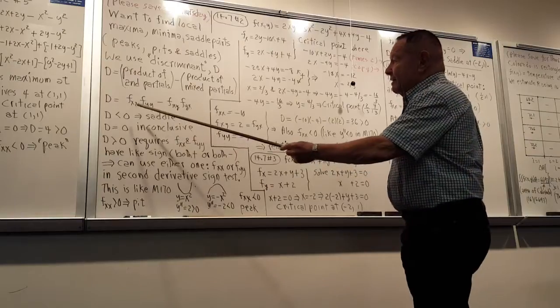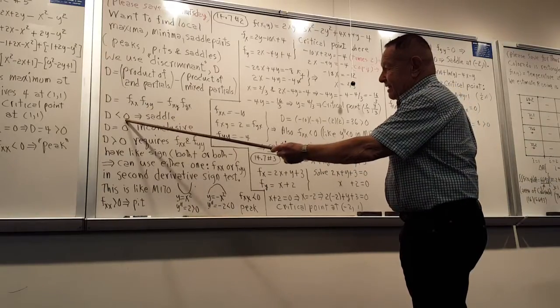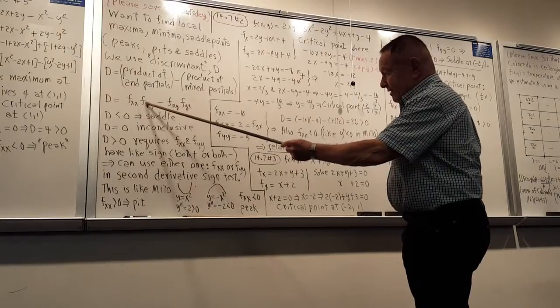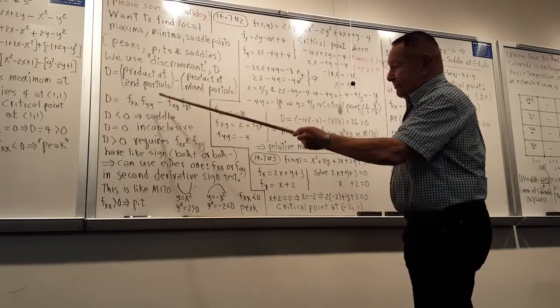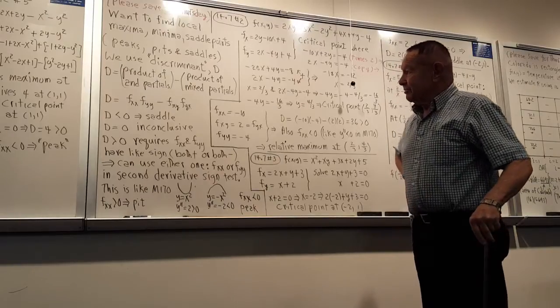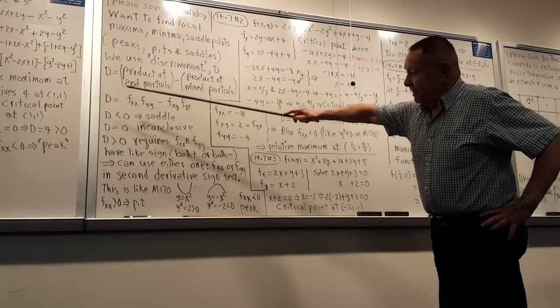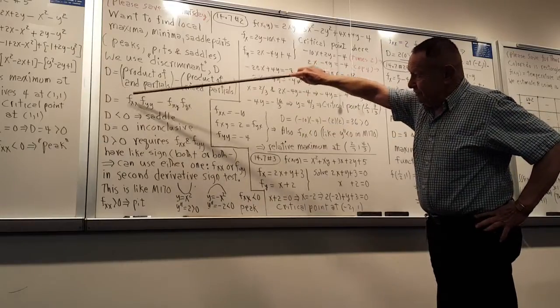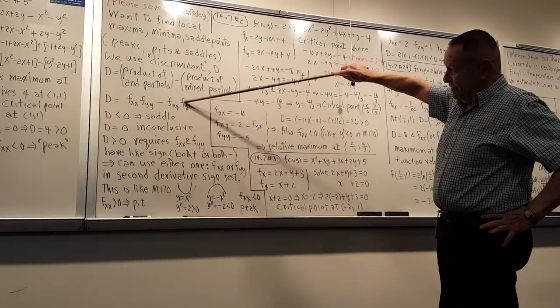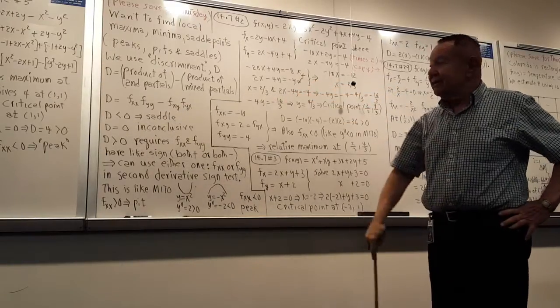And it turns out that if the discriminant is negative at the point that you have to determine, which we call a critical point, where you're going to get x and y values to substitute into this expression and then decide whether it's negative or 0 or positive.